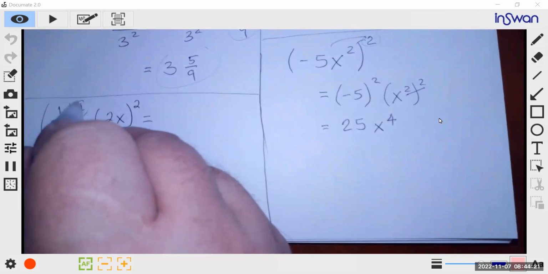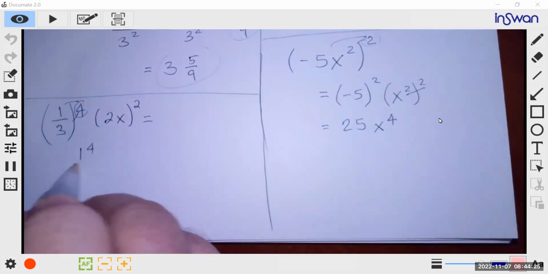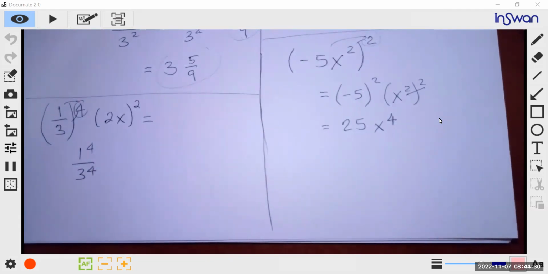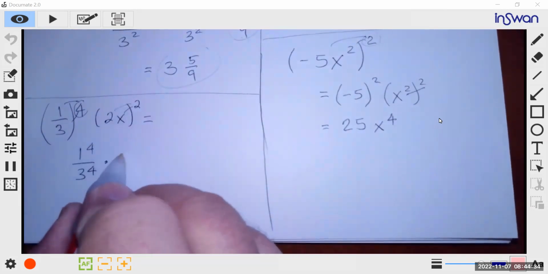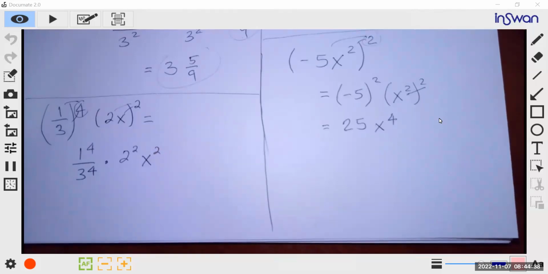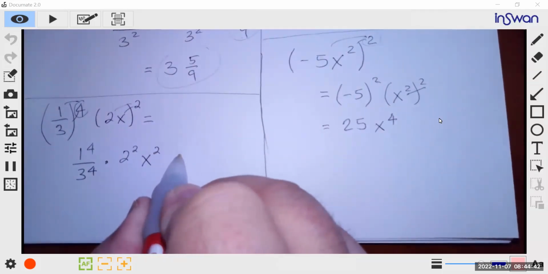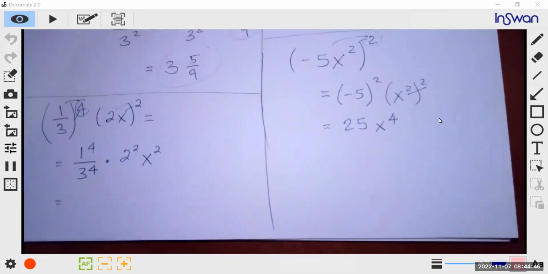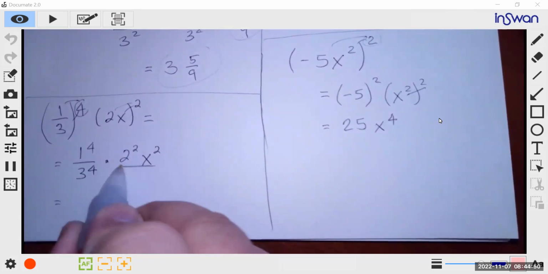Yeah, the 4 goes to the 1 and the 3, so it's 1 to the 4th over 3 to the 4th, times... Same thing with the second one, 2 squared over x squared. Again, since we have a fraction multiplied, this other one's also a fraction.